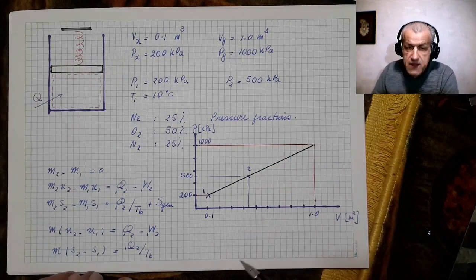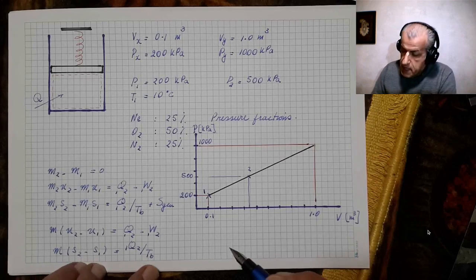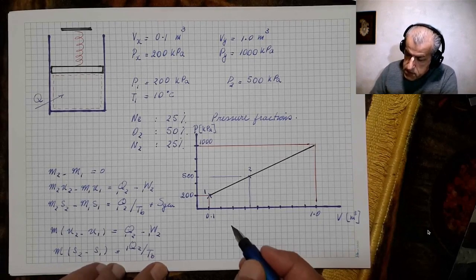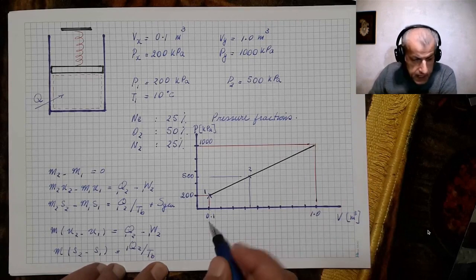And just finding a value for V2 is a simple interpolation. I just do it here.